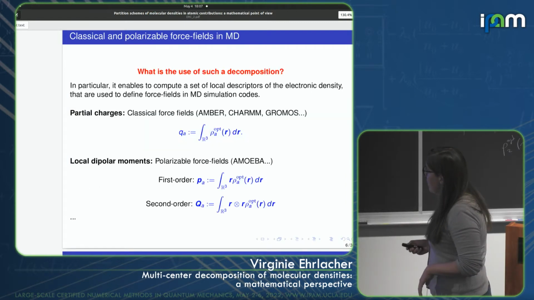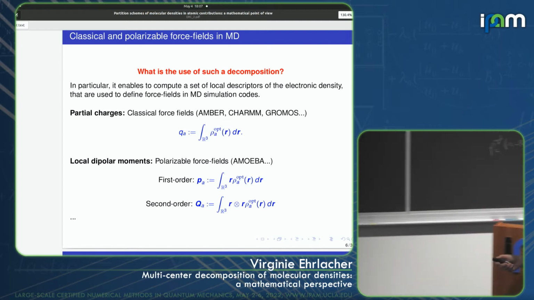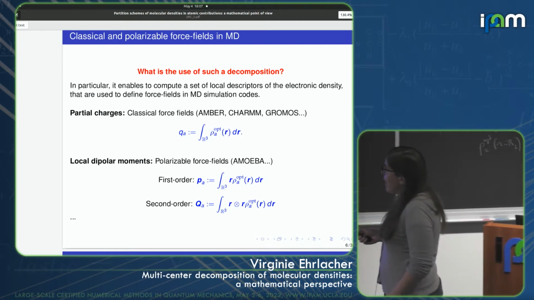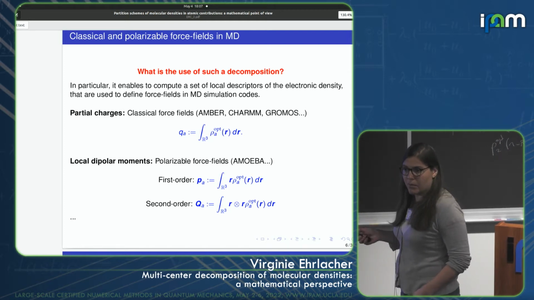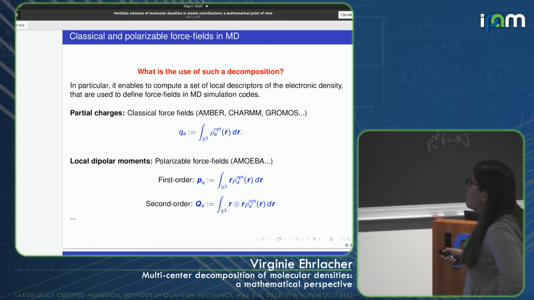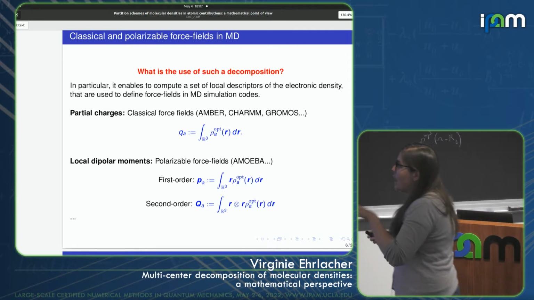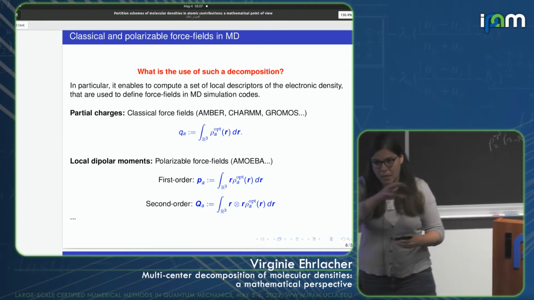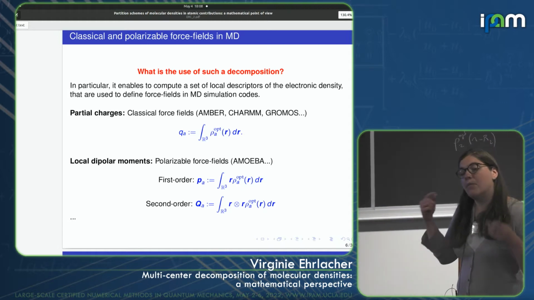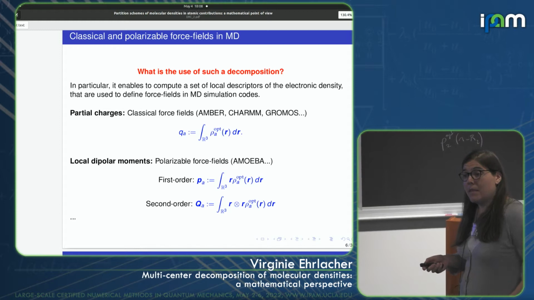But first of all, before talking about AIM decompositions and the way to get them, you may ask, why do we use such a decomposition? Actually, they are useful for many purposes, but in particular, they enable us to compute a set of local descriptors of the molecular electronic density that are used to feed some force fields in MD simulation.